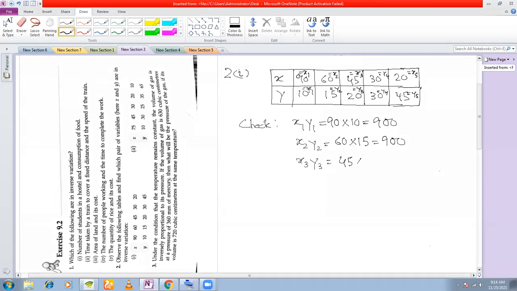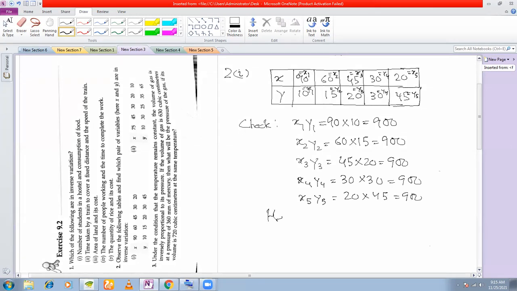45 into 20, again you're getting 900. X4, Y4: 30 into 30, again 900. X5, Y5: 20 into 45, so again 900.